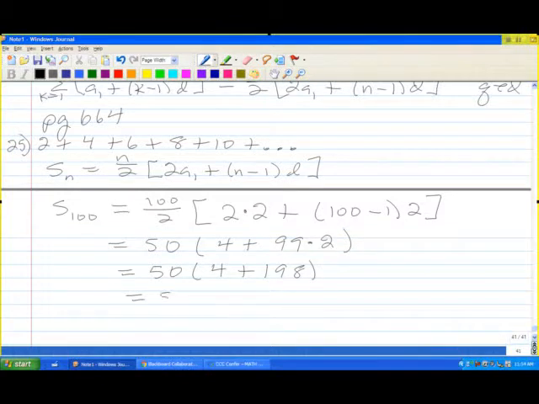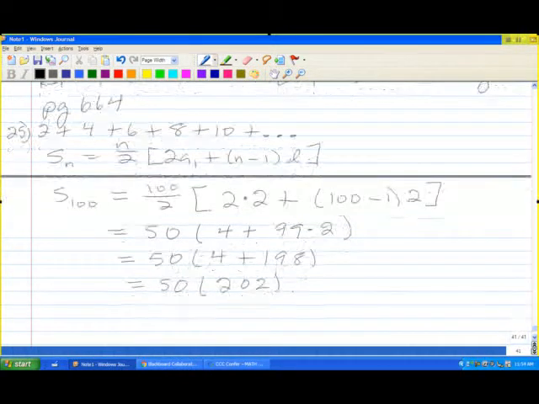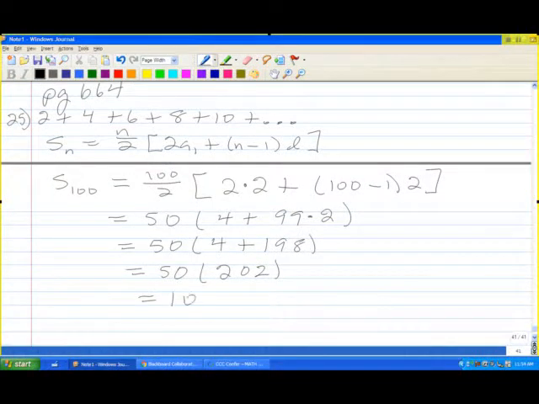So 50 times 202, which should be 10,100. And so the sum of the first 100 even numbers is 10,100.